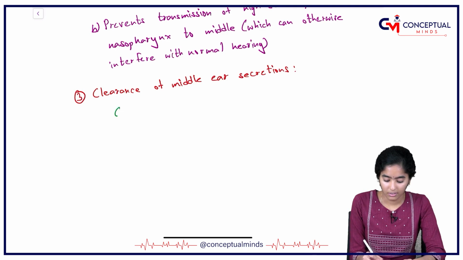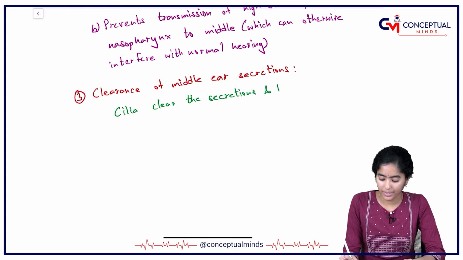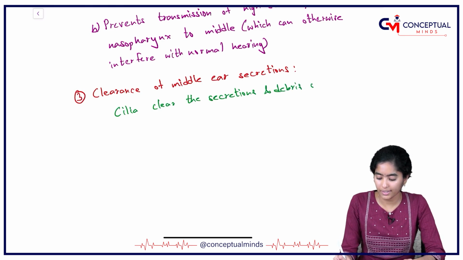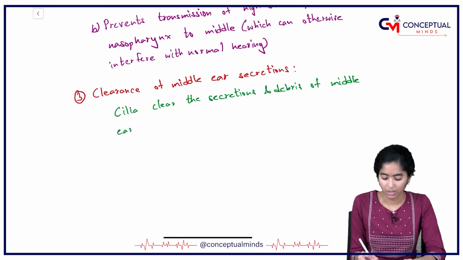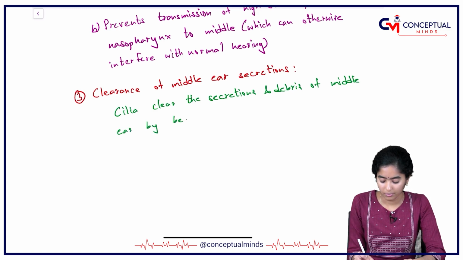The cilia clear the secretions and debris of middle ear by beating towards the nasopharynx.